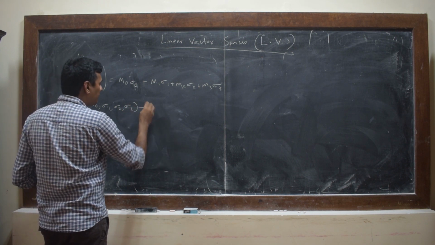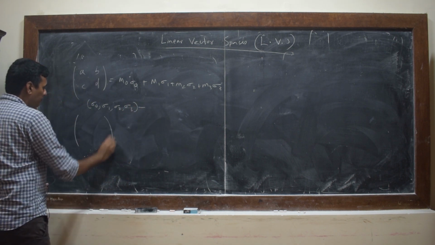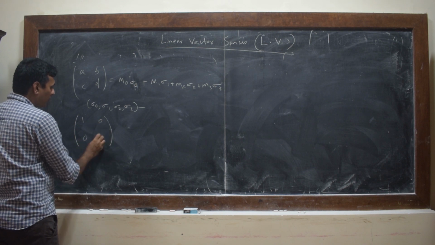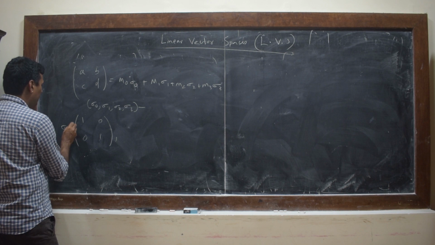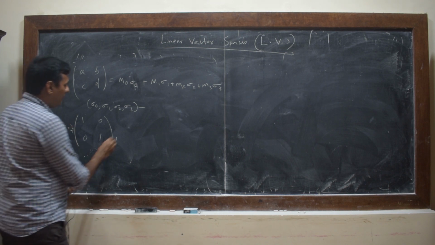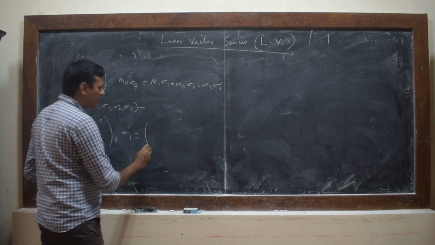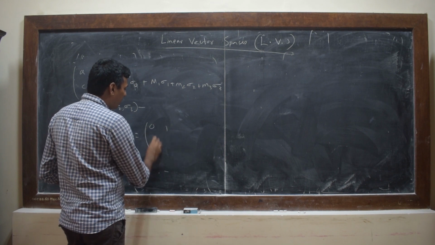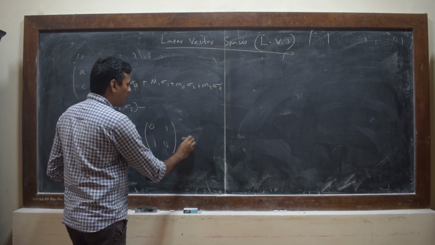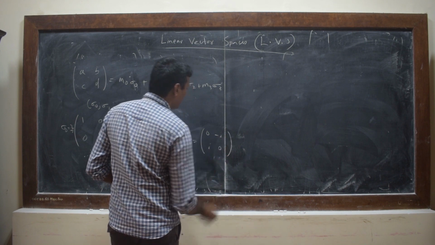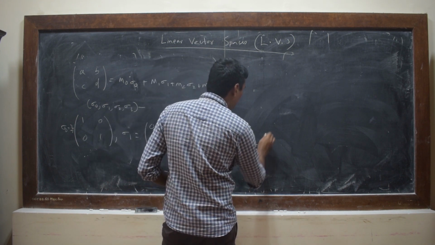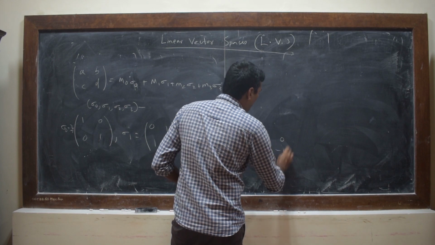Sigma 0 is the identity matrix I2, sigma 1 is [[0, 1], [1, 0]], sigma 2 is [[0, -i], [i, 0]], and sigma 3 is [[1, 0], [0, -1]].